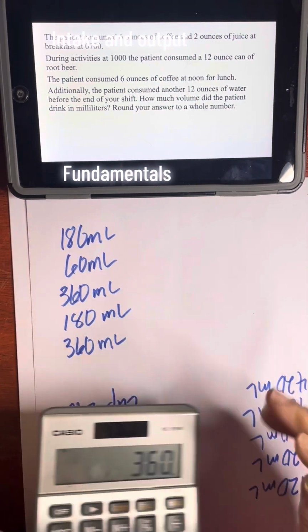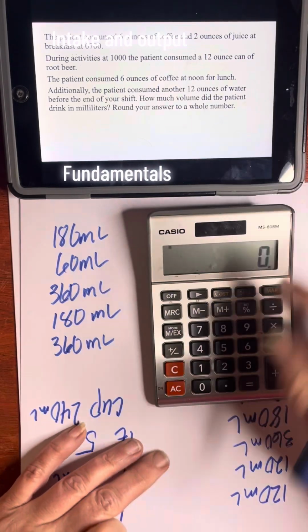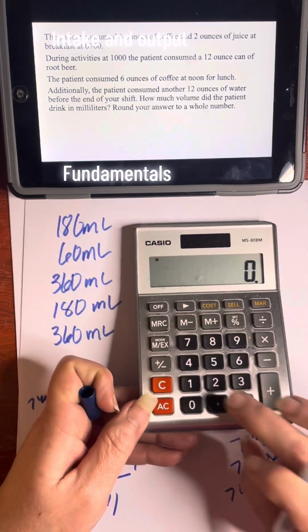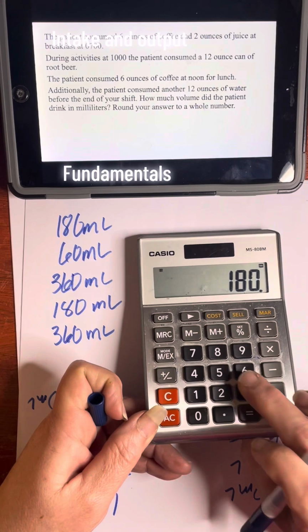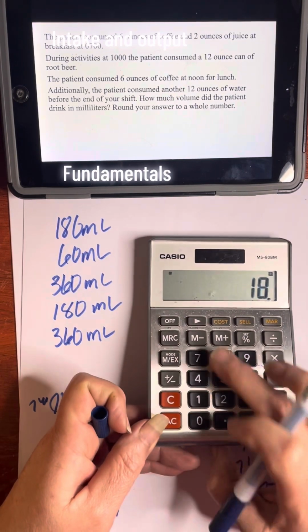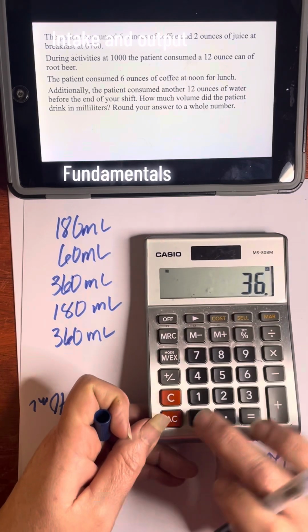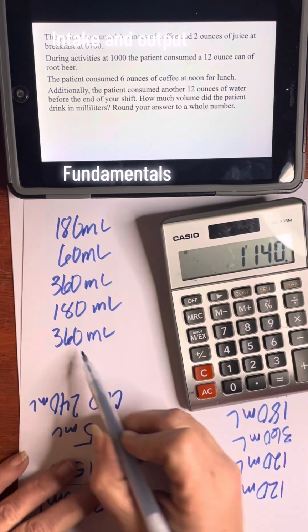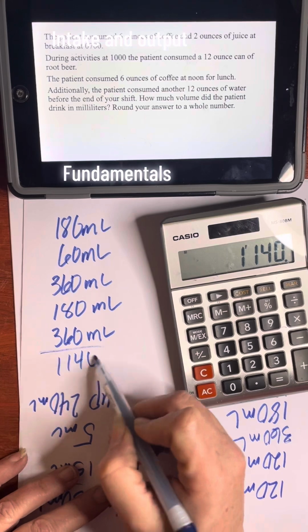Now, is that all they said? Yes. So then we're going to get our calculator and we're going to add it up. 180 plus 60 plus 360 plus 180 plus 360 is 1140.